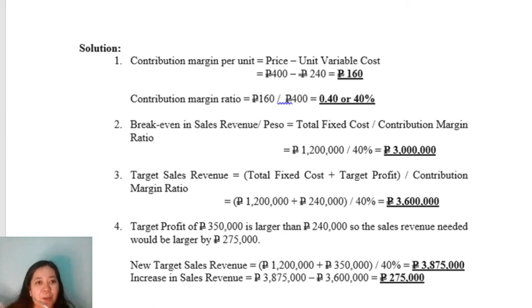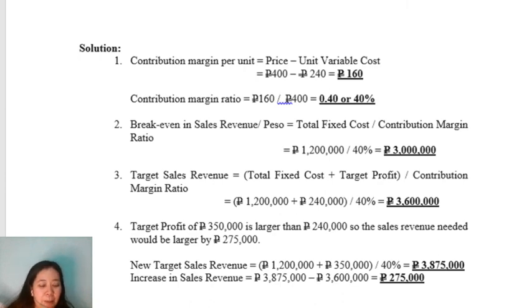Because earlier in number 2, at 3 million level of sales revenue, we do not have profit nor loss. So if you are going to increase it, you could notice this time, that's 3.6 million, in order for the company to achieve the 240,000 target or desired profit.